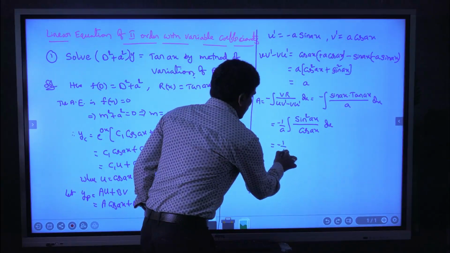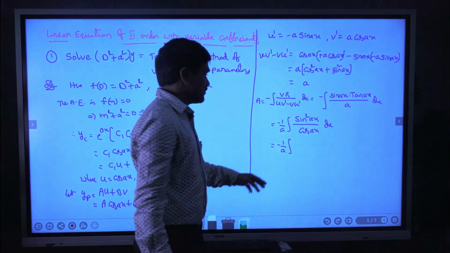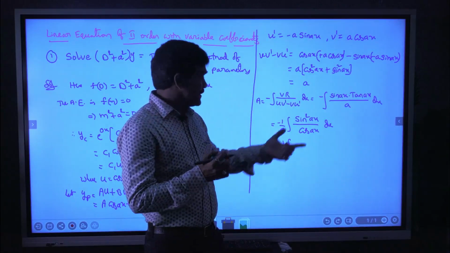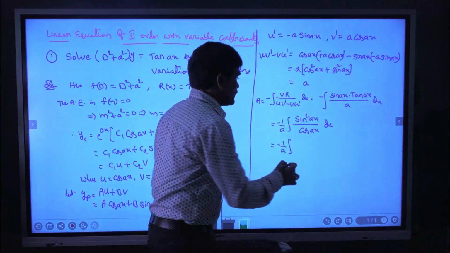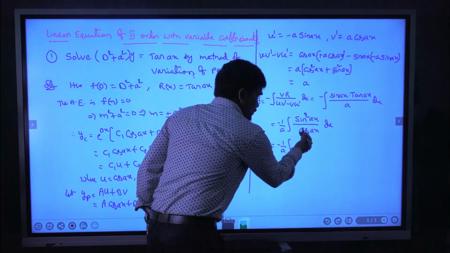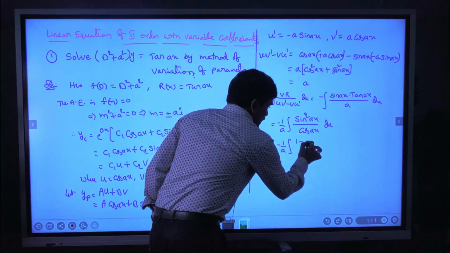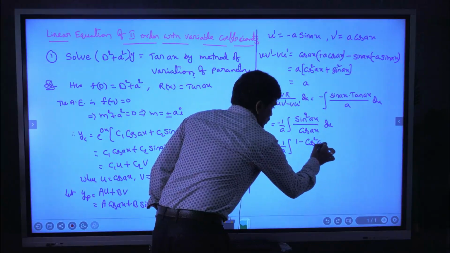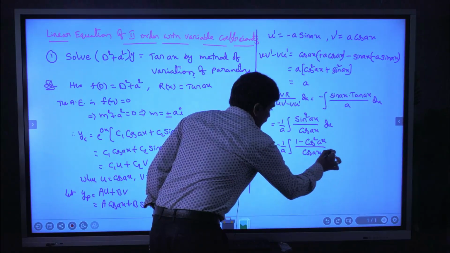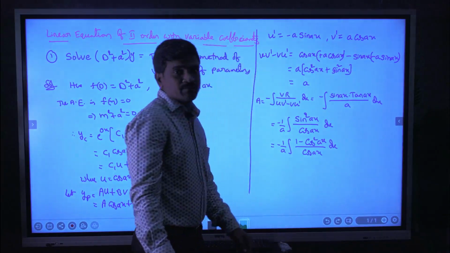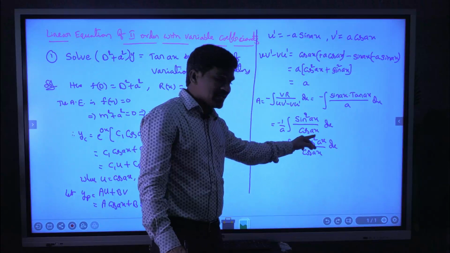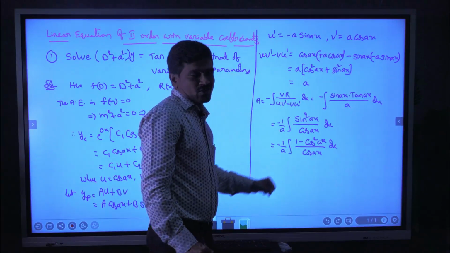Now integral of minus 1 by a integral sin square ax by cos ax. First of all we have to convert into a known formula. Sin square ax can be written as 1 minus cos square ax, by cos ax into dx. Now this can be written as 1 by cos ax minus cos square ax by cos ax.